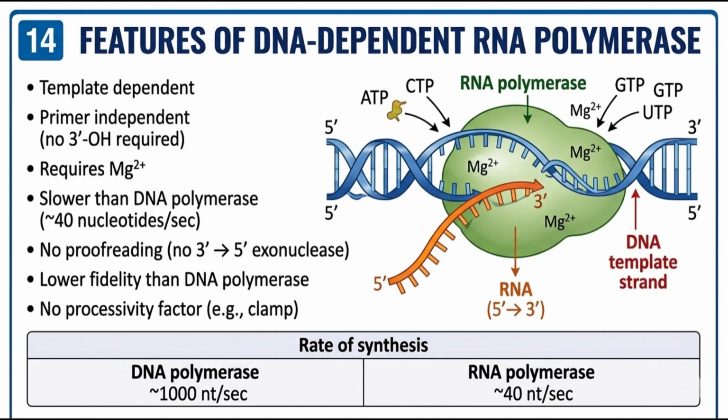The approximate transcription rate is around 40 nucleotides per second, whereas DNA polymerase synthesizes nearly 1000 nucleotides per second. Unlike DNA polymerase, RNA polymerase lacks strong proofreading activity and therefore has lower fidelity. However, transcription errors are usually less harmful because RNA molecules are temporary.